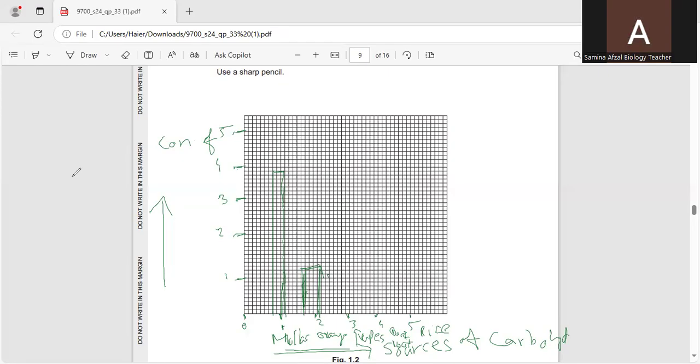I'm just giving you the idea. I'm not perfect at this time, but I'm giving you the idea. And then the third, 3.35, at 4, it is nearly equal to in this way. And then 4.70 nearly equal to 5. It is over here.